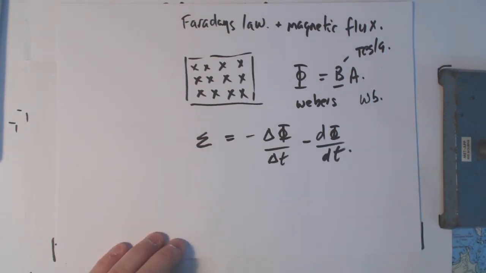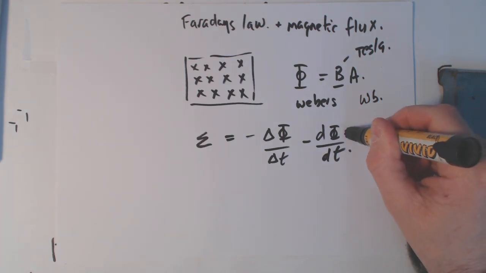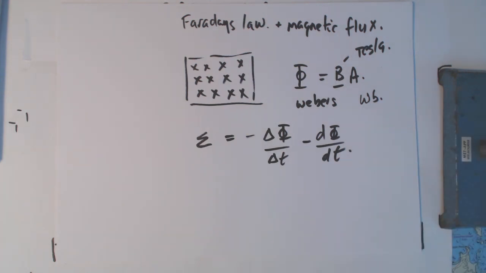By now you've done a little bit on gradients and started your calculus, so you'll know that the delta gives you an approximation to the gradient. As delta t approaches 0, we end up with a specific gradient at a point on a function, and that's what we've got with d flux dt.